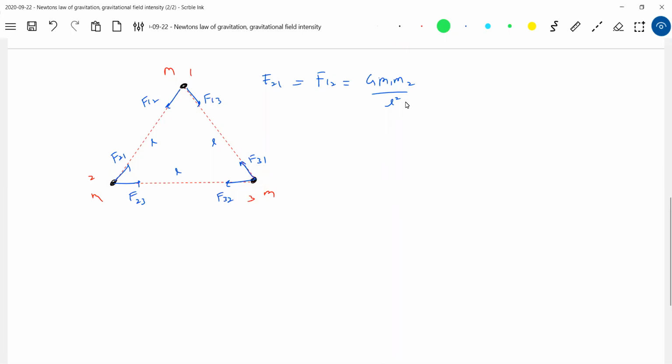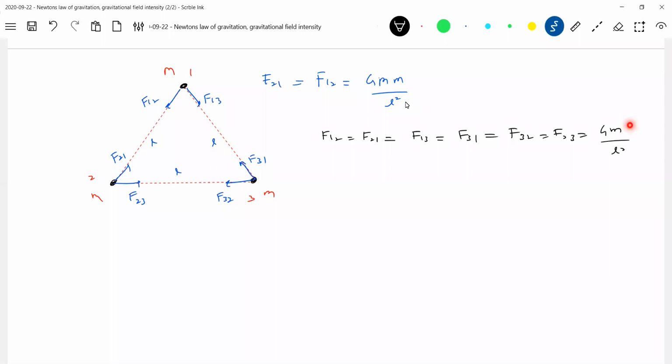Similarly, we can generalize here: F12 equal to F21, F13 equal to F31 in magnitude, F32 equal to F23 equal to G m m by L square. So what is the conclusion I can make?